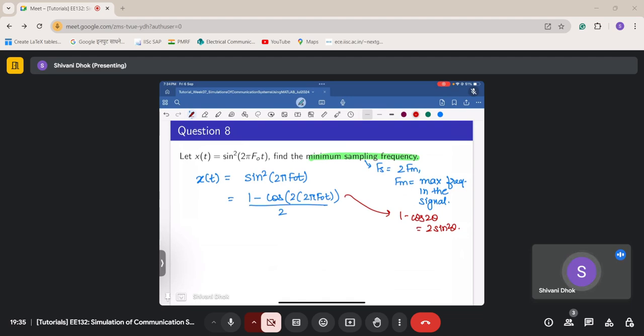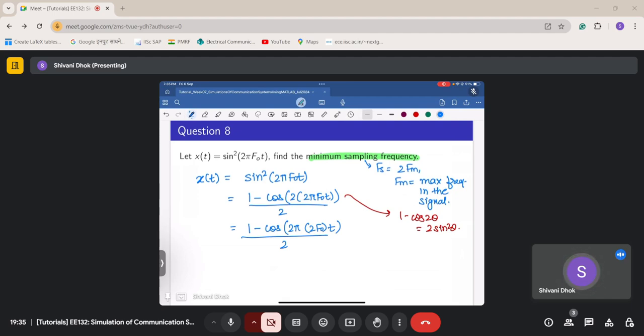Using this identity we can rearrange the angle, and write it as 1 minus cos of 2 pi times 2 f naught t, by 2.